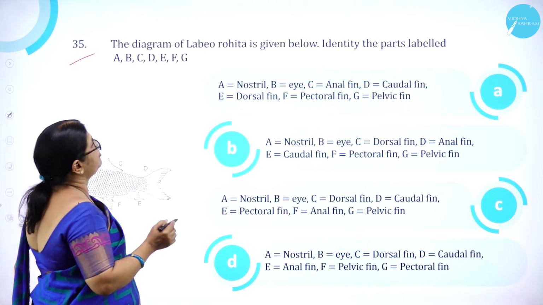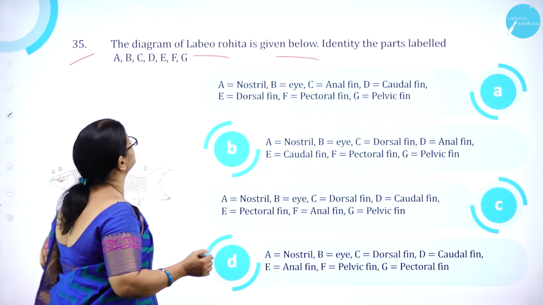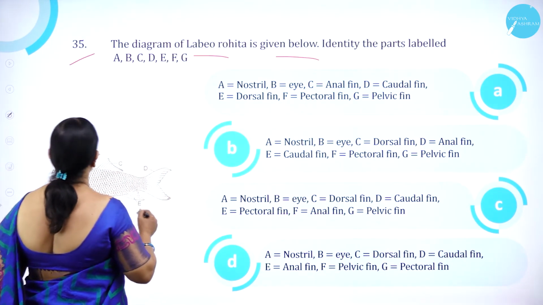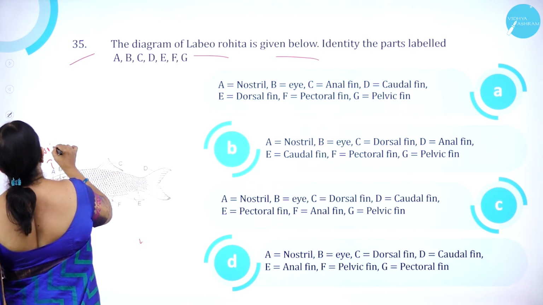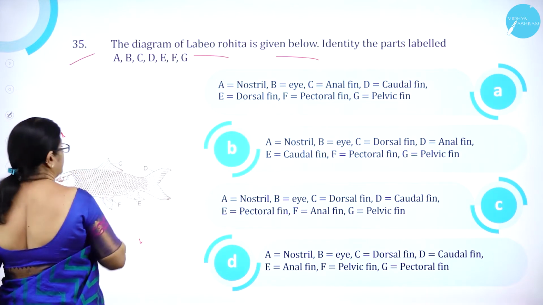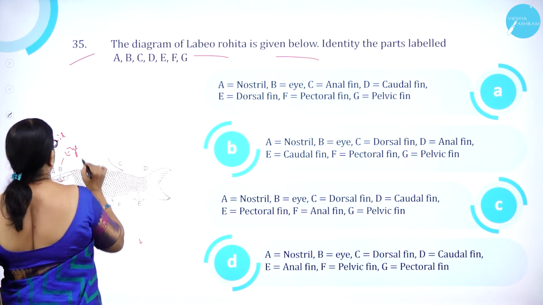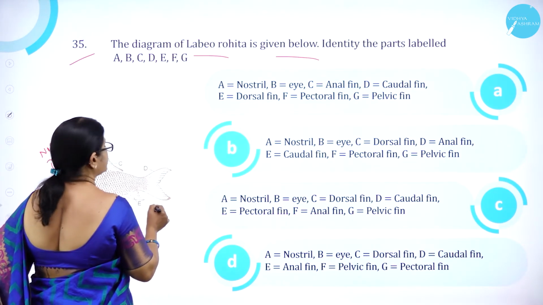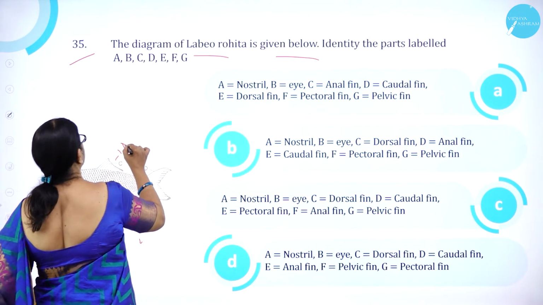The diagram of Labeo rohita is given below. Identify the parts labeled A, B, C, D, E, F, G. What is A? A we can call it as nostril. Then B, you can see, is the eye. Then C is dorsal fin.